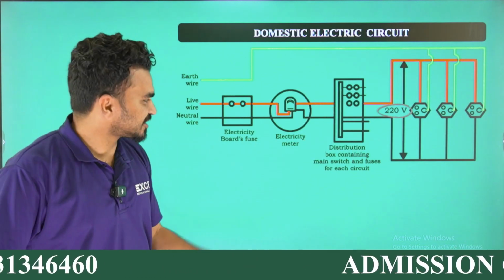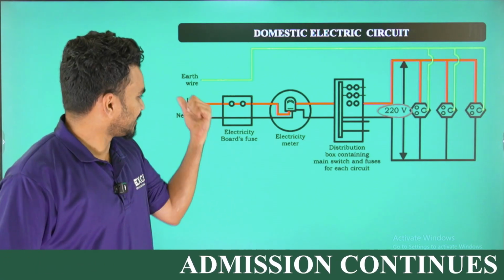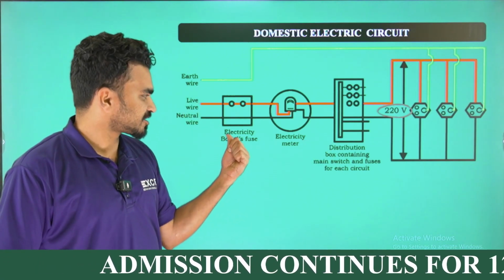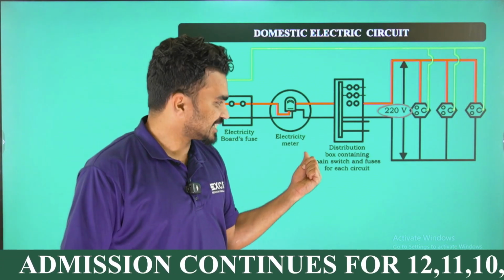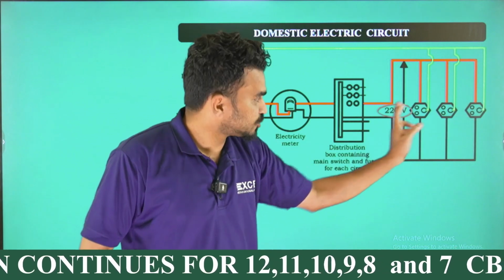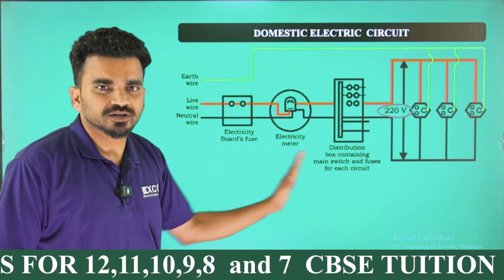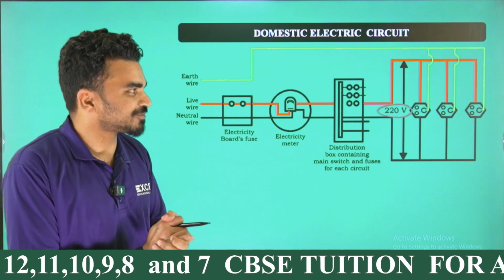Just be aware of the elements present in the circuit, one by one, like live wire, neutral wire, electricity board fuse, electricity meter, distribution box, electric socket, 220 volt, and this kind of thing. Just look, then I will explain to you one by one.